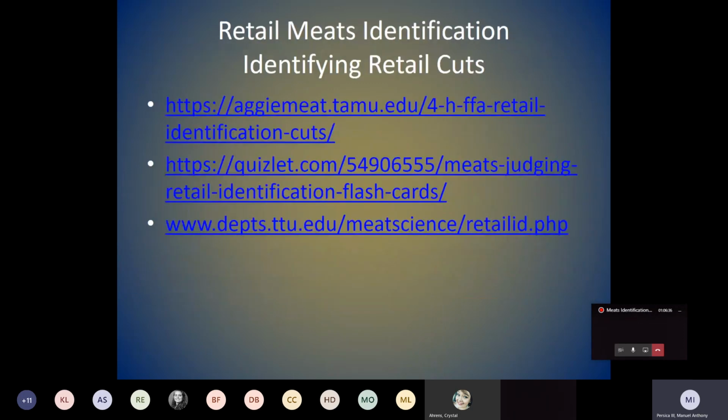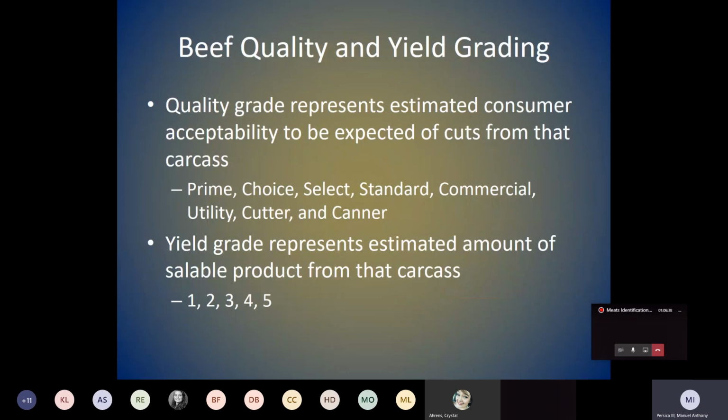What I want to get into right quick, even though we do not quality grade and yield grade, is how do we place beef cuts and carcasses based on quality grade and yield grade?